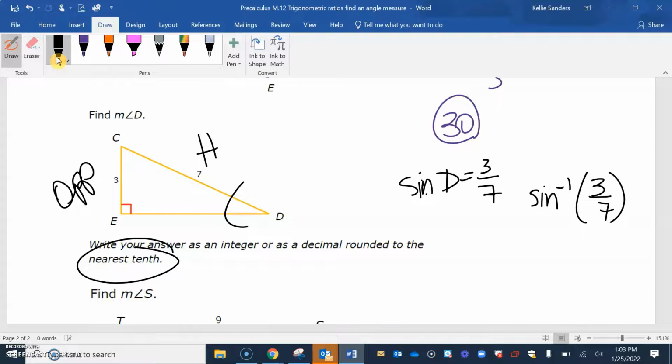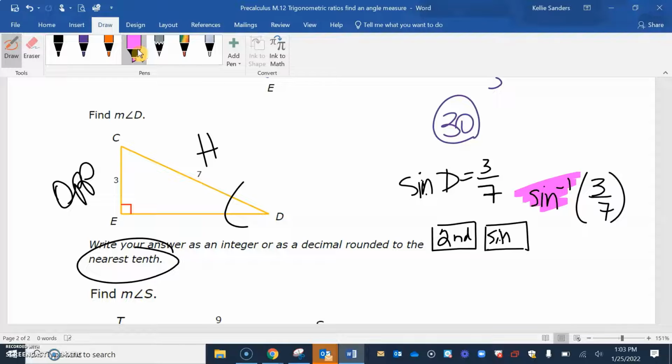And how you do that on my calculators is the second button and then the sine button, and this will pop up on the screen. It just depends on the calculator, though, on what order you plug everything in. So we grab the calculator, we do second sine 3 over 7 and get 25.37. And since we're rounding to the nearest 10th, it's going to be 25.4.